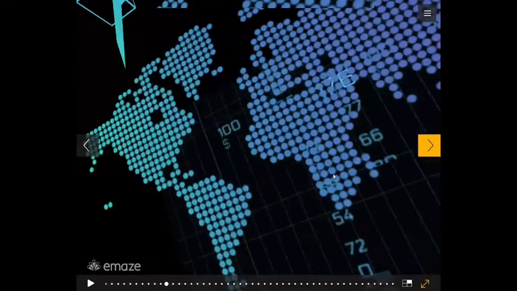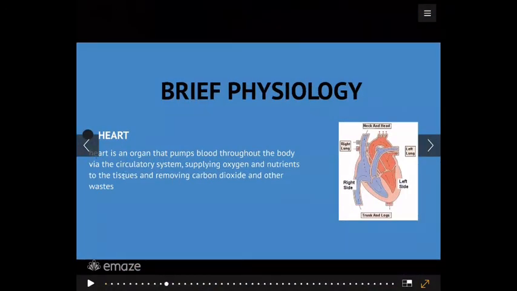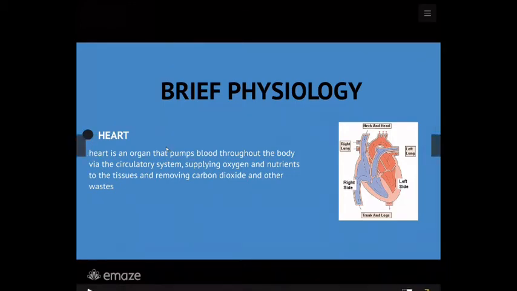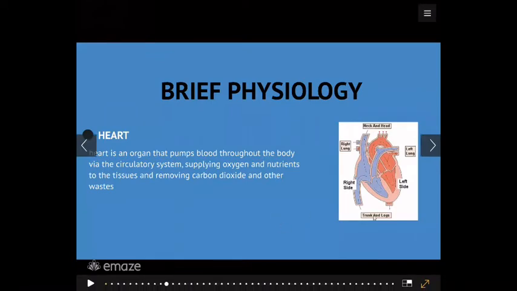We're going to talk about the heart and how the blood goes in and out. Now, the heart pumps the blood throughout the whole body via the circulatory system. The blood either comes from the neck and head through the superior vena cava, or comes from beneath through the inferior vena cava, entering the right atrium, then from the right atrium to the right ventricle, going through the pulmonary arteries to the right and left lungs.